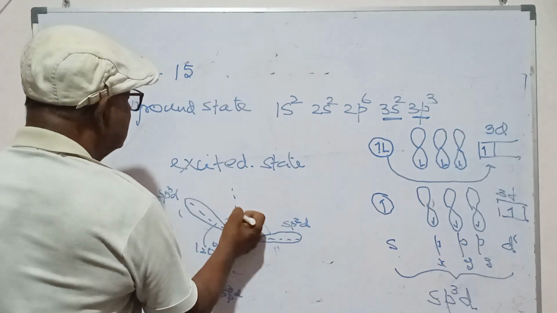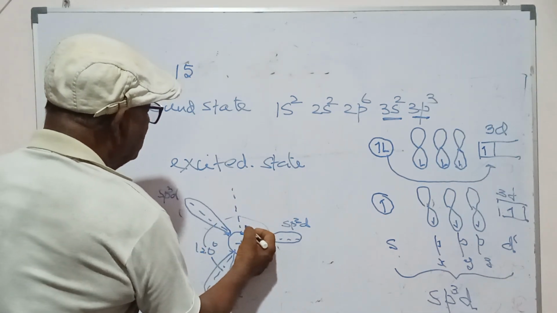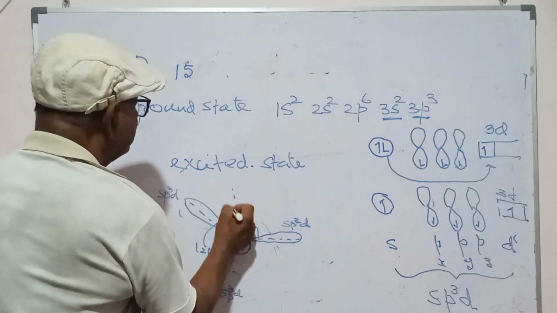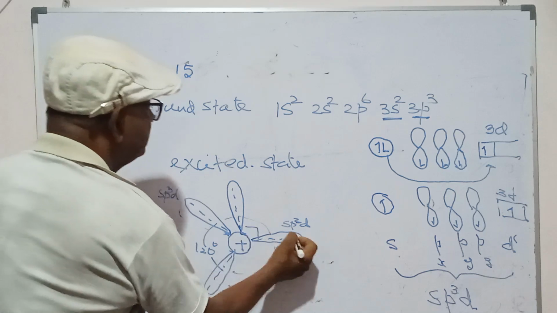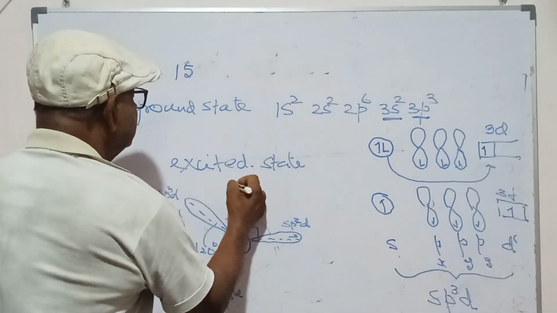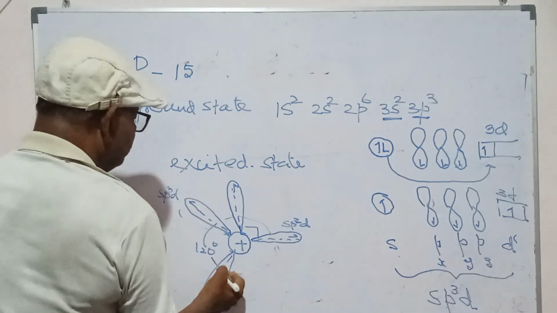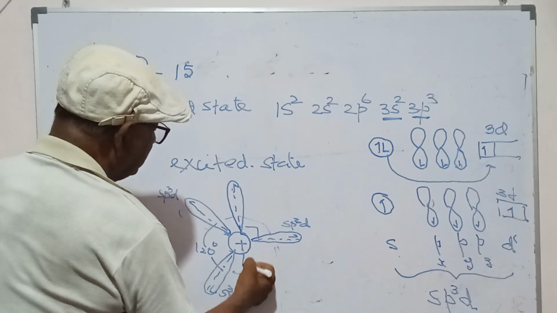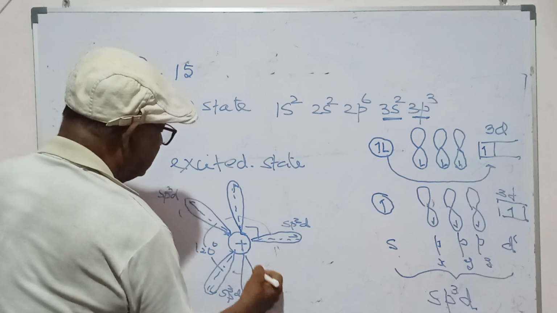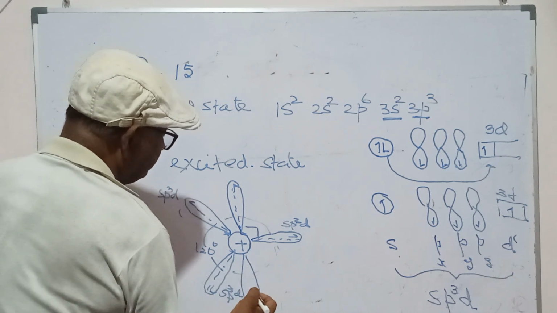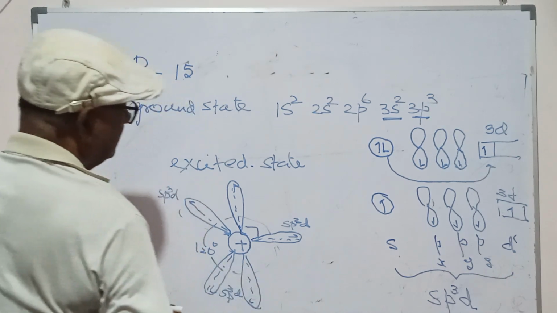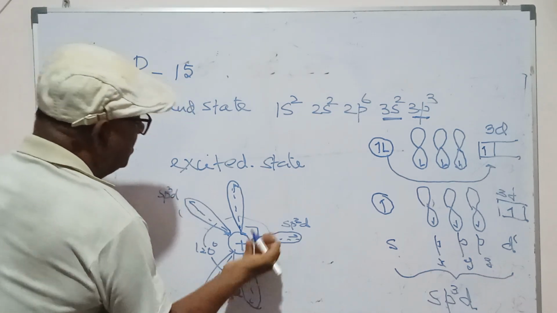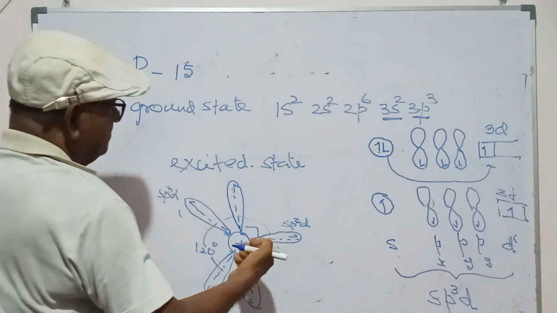One comes perpendicular to the trigonal planar, like this. These are the electrons. The other one also lies like this, perpendicular to the plane.